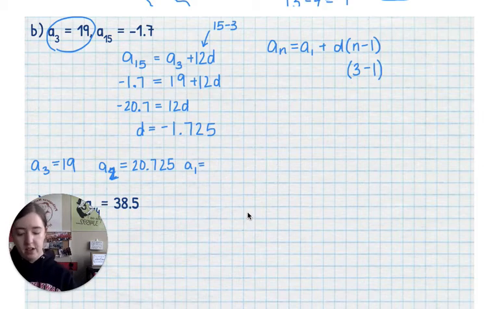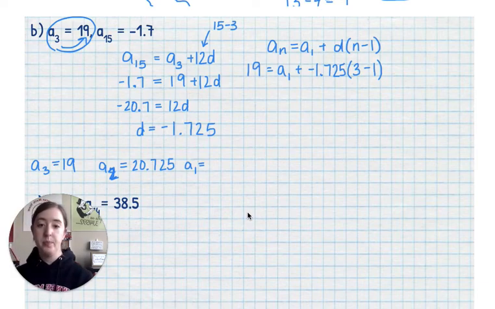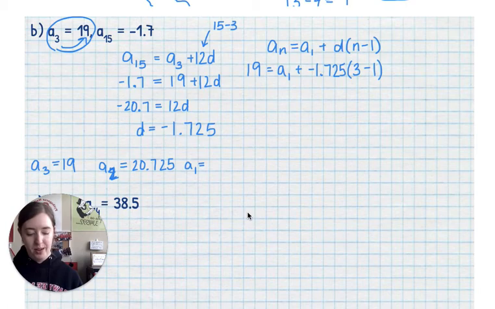We just found out our common difference was negative 1.725. We don't know what the first term is, but we know that this third term is 19. So now we can go through and solve for a sub 1.